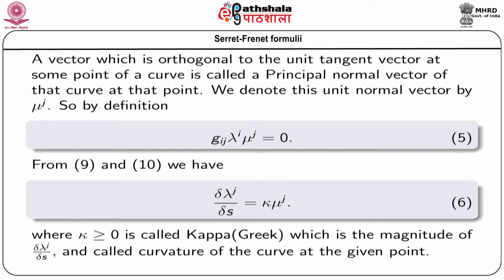Kappa is a Greek word, and it gives us the magnitude of δlambda^j/δs, and this kappa is called the curvature of the curve at the given point. Actually, this curvature is measured on the plane of lambda^i and mu^i. That is why it is always greater than 0.